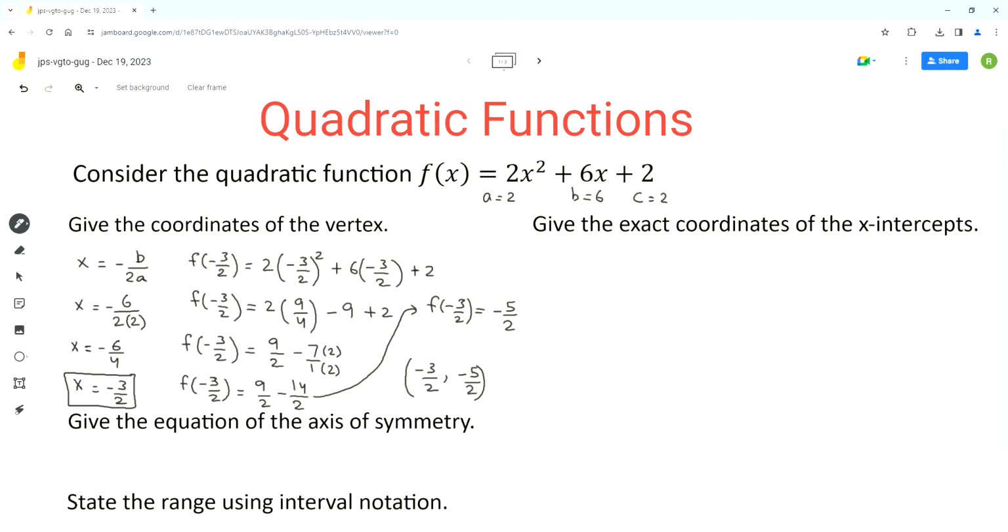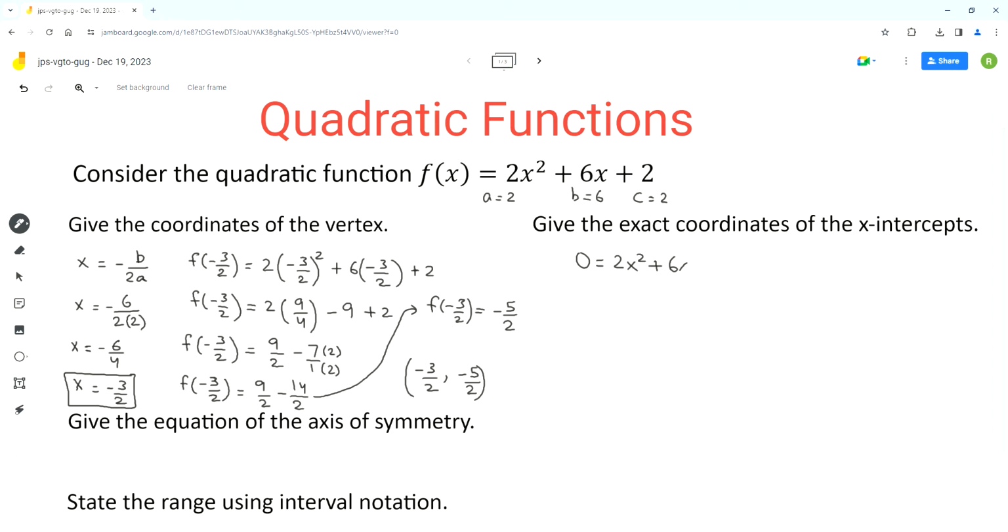Now we can answer the second part, the exact coordinates of the x-intercept. For the x-intercept, we sub in the function value as 0 and solve for x. So in this given equation, we sub in f of x equal to 0 and we write the rest of the equation.